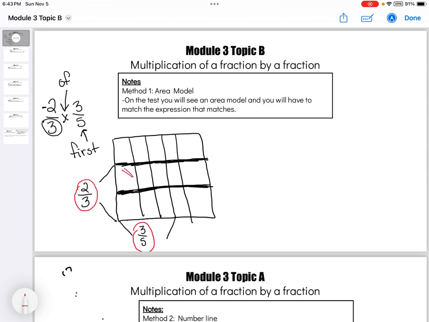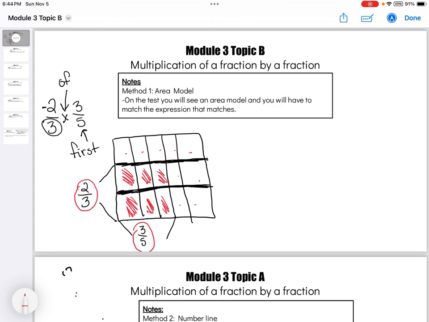So obviously I'm going to shade this one and this one because they both land in 2/3 and in the 3/5. And I'm going to also shade this one and this one for the same reason. And this one and this one. I wouldn't shade anything outside of that because it does not fall within both of those fractions.